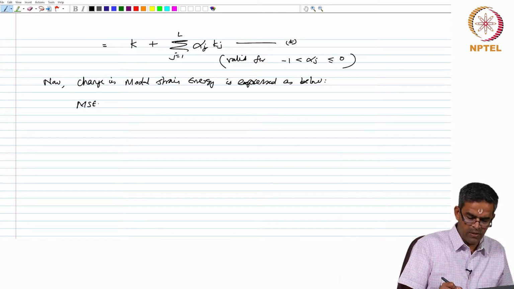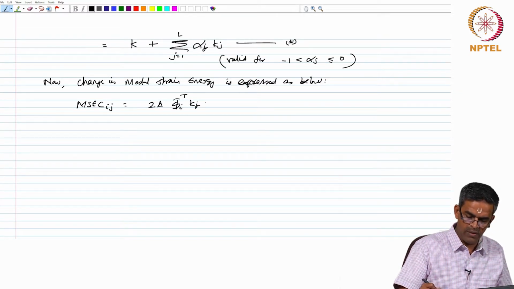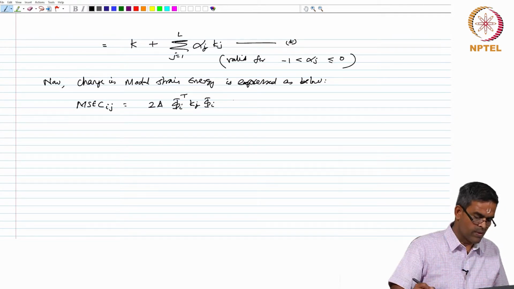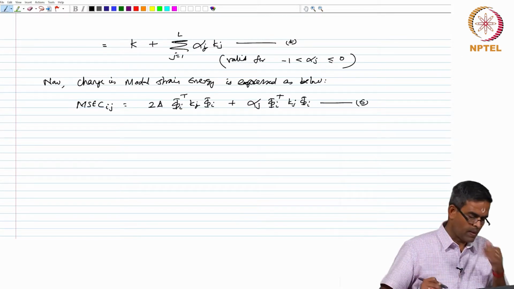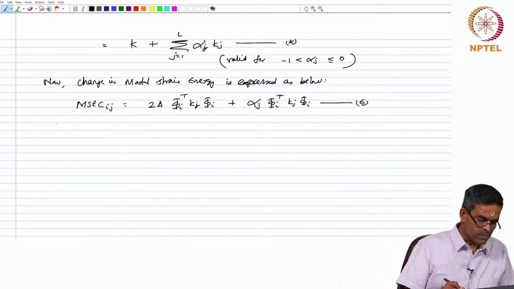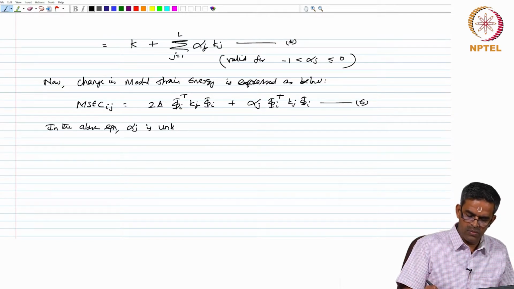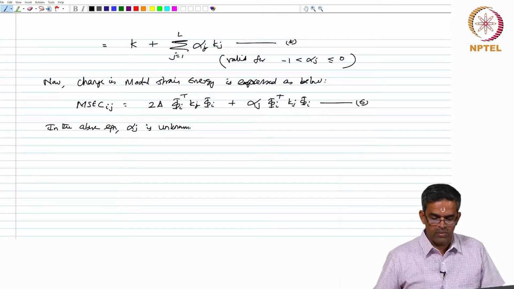Modal strain energy Ij is 2 delta phi I transpose Kj phi I plus alpha j phi I transpose Kj phi I. In the above equation, alpha j is unknown, the remaining all are known actually.